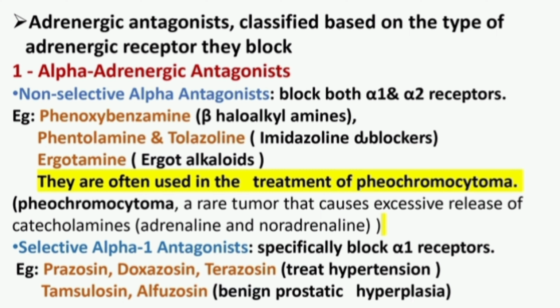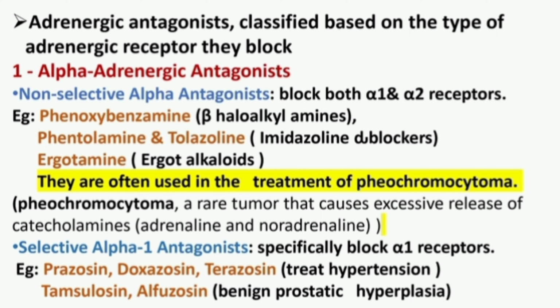Catecholamines, we know, are adrenaline or noradrenaline, that means epinephrine and norepinephrine. This point is also very important. Phenoxybenzamine and phentolamine are mainly used for the treatment of pheochromocytoma.